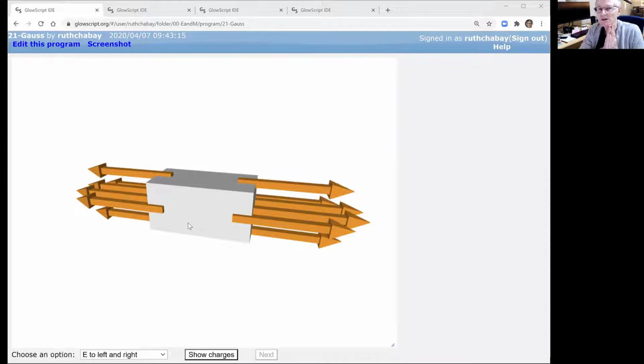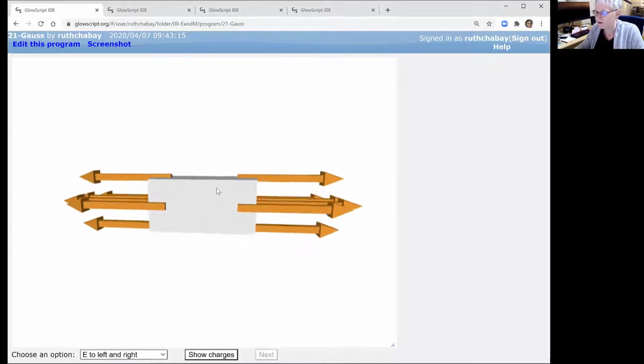Now, one thing I didn't make explicit is that the box isn't the only place in the universe where there can be charge. So there could be charge outside the box too. We're asking not what's all the charge in the universe, but just what's inside the box.